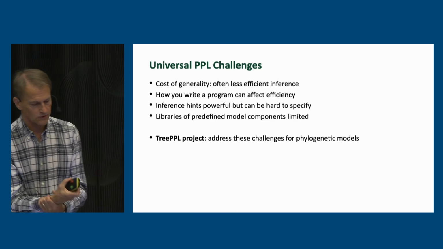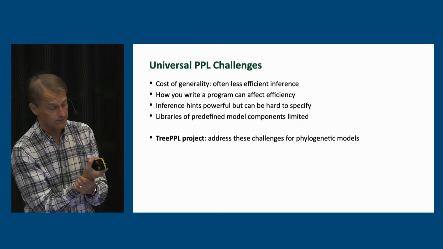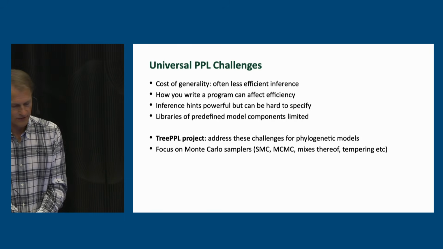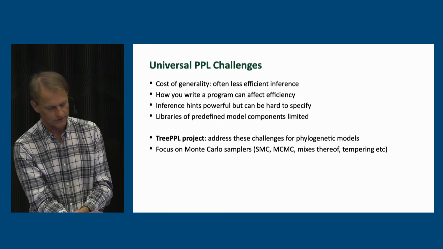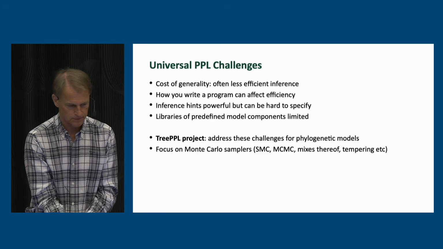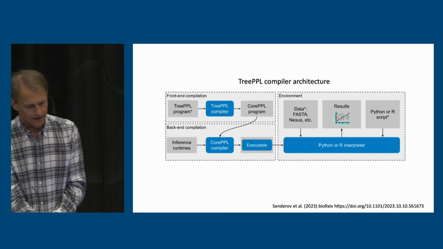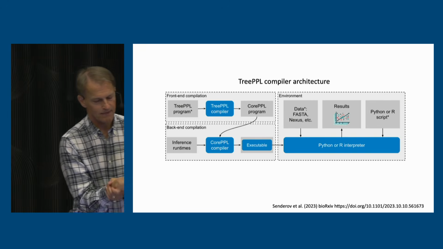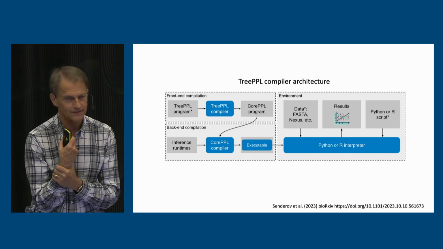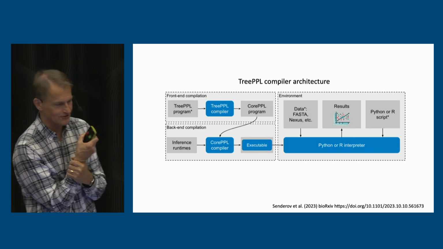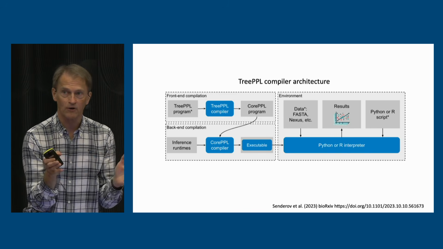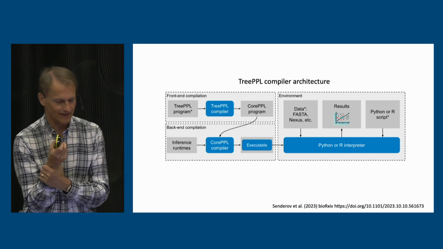So in the Tree People project, we try to address these challenges specifically for phylogenetic models. The focus is on Monte Carlo samplers, so SMC algorithms, MCMC algorithms, and mixes of those. The Tree People compiler architecture has some similarities with the Stan infrastructure. We're basing the compiler on OCaml, which is interesting.